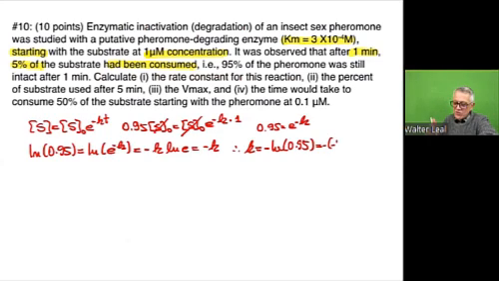The logarithm itself is negative, minus 0.051, because 0.95 is smaller than 1, right? So that's why it's negative. So k equals 0.051, and this is in minutes to the minus 1, because we're talking about minutes here. So now we have the k.